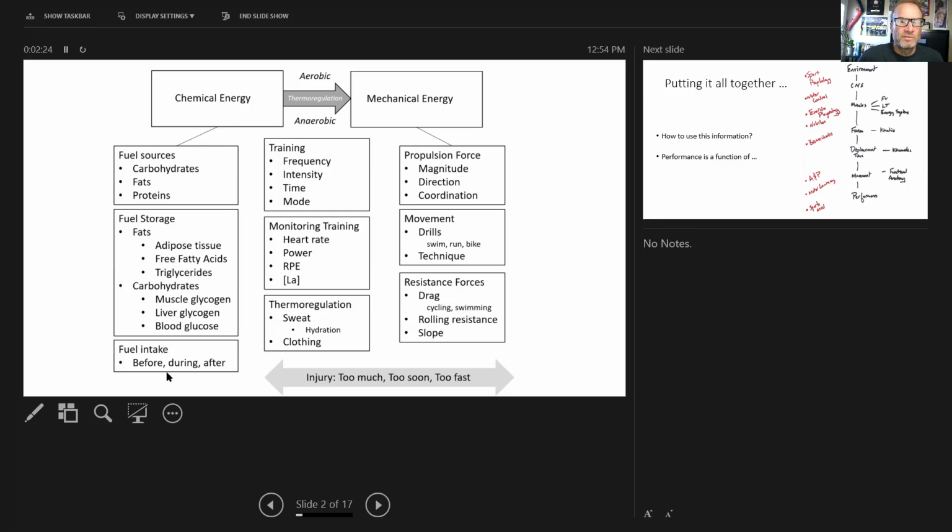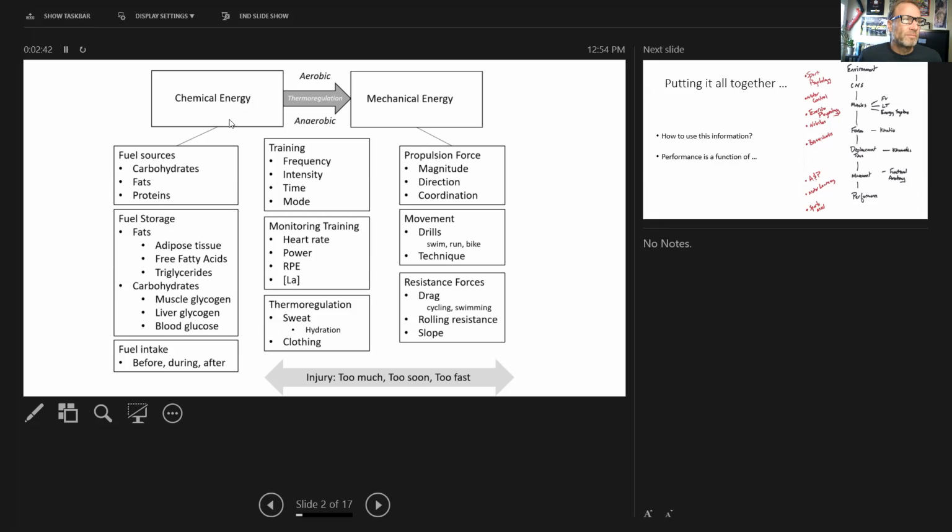There are lots of different debates out there about the fuels to use before, during, and after exercise. And it's an exciting area to read up on and to really understand what works for improving endurance performance.